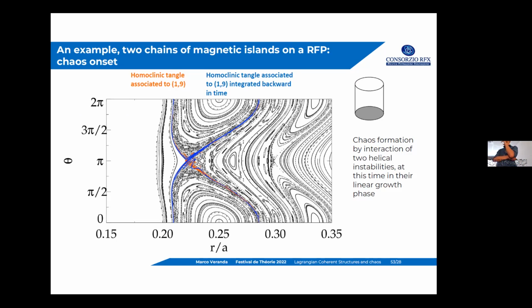So the second follow-up is an explanation why the presence of these cantori is so efficient to produce barriers.